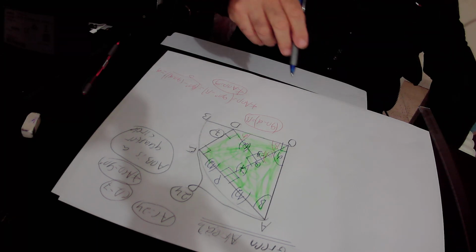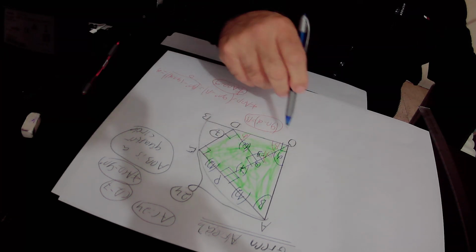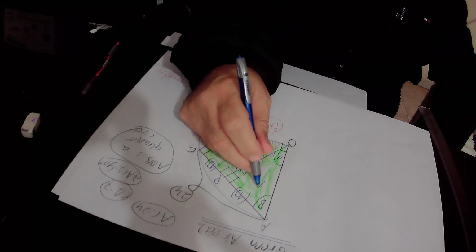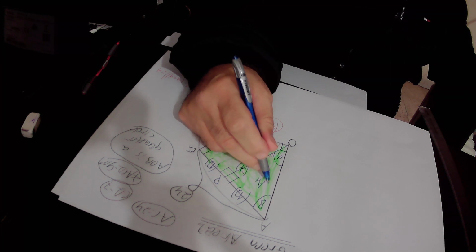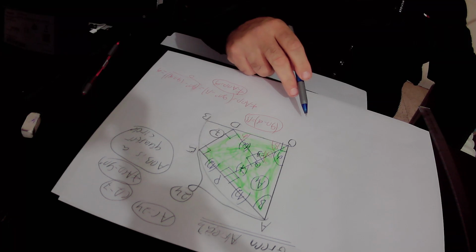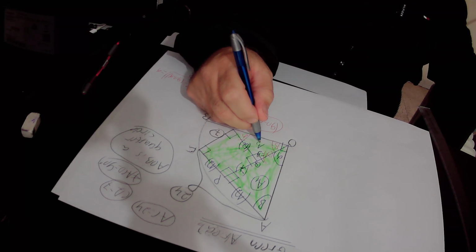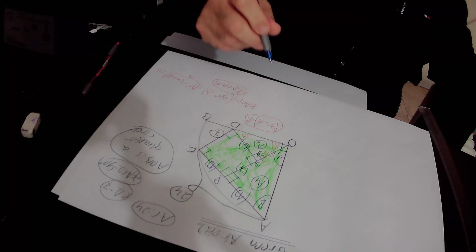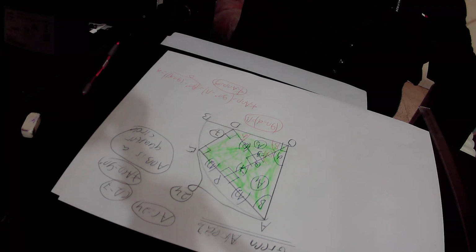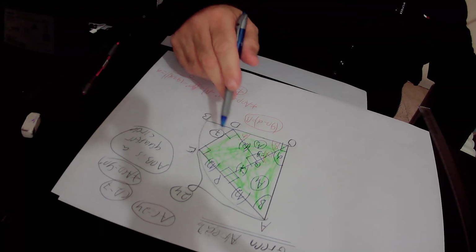The first part will be the area of the right triangle APO. The second part will be the area of the right triangle OQD. This will be A2. And finally, the third part of the green shape is the area of the rectangle QPDC.